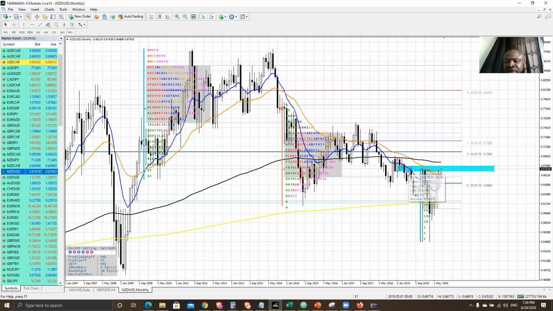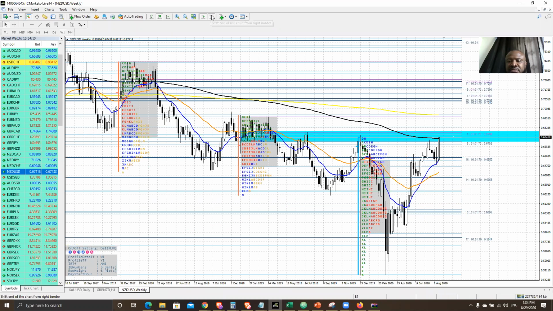We have some area of role reversal sitting somewhere around there, some area of potential resistance and everything coming up, so we might be looking at that at the same time as well in all this area.